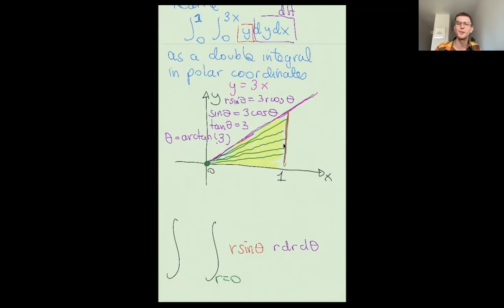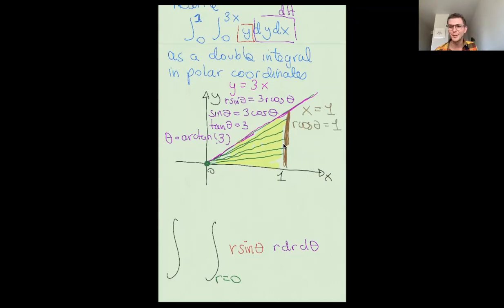Okay, everyone is close to the truth without getting to the truth. What's the equation of this brown segment in Cartesian coordinates? x equals 1. Good. What is x in polar coordinates? r cosine of theta, right?